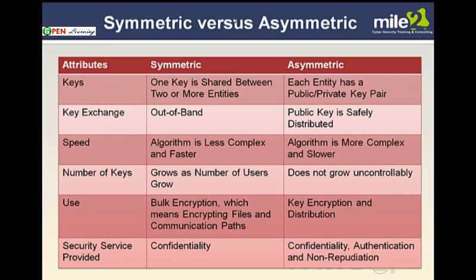Now with the asymmetric, remember it's a public-private key pair. You could have a public-private key pair used for encryption. You could have a public-private key pair used for digital signing. Now in the commercial world, when I talk to people, I don't really hear them usually talk about using digital signing that often and the whole idea of public and private key pairs.